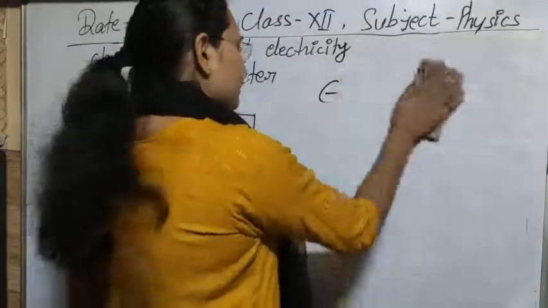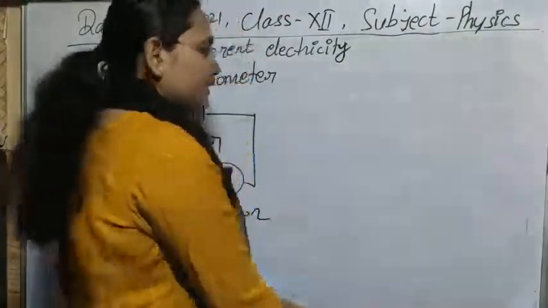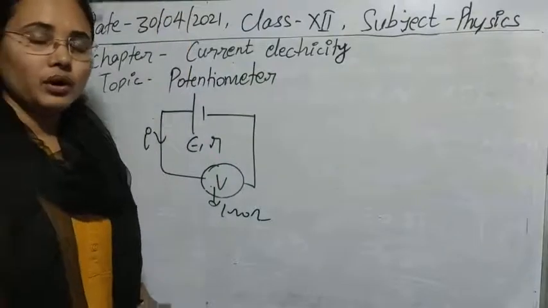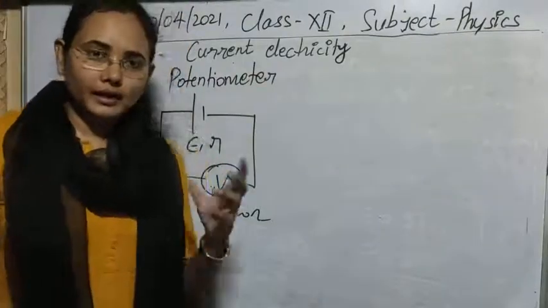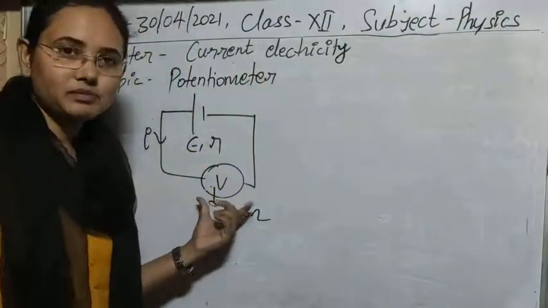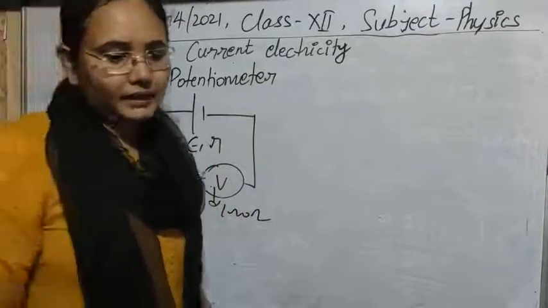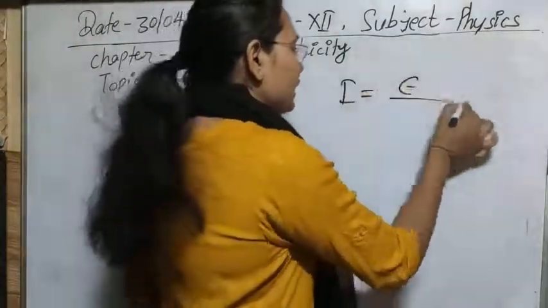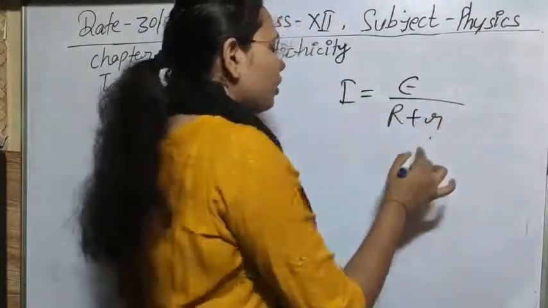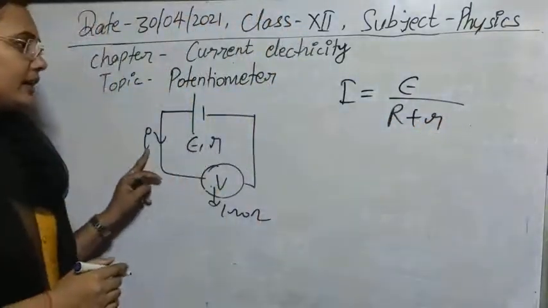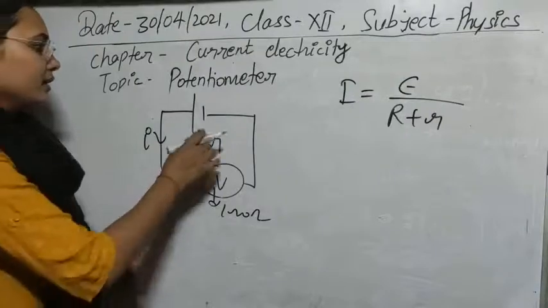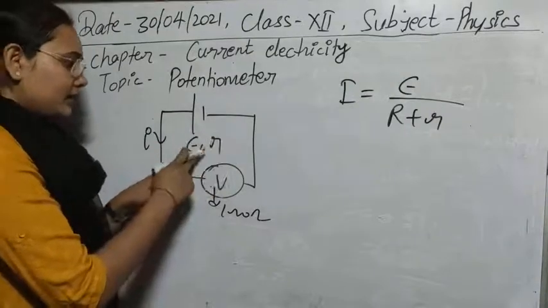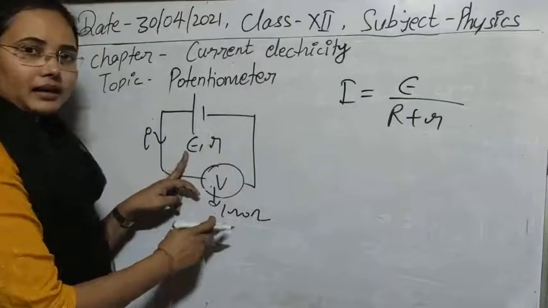So first, before finding the percentage error, we have to know the value of the EMF that this voltmeter has measured here. For that we have a formula: I is equal to epsilon upon R plus small r. Means what is the value of current flowing in this circuit with this EMF epsilon, small r and capital R resistance.